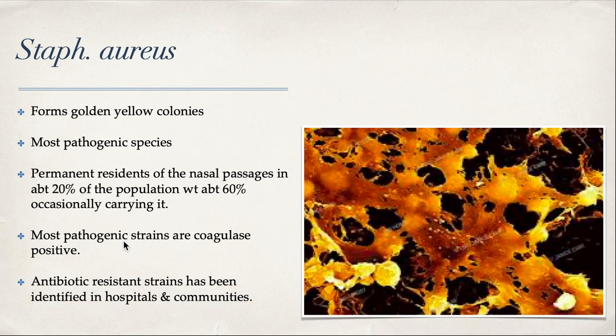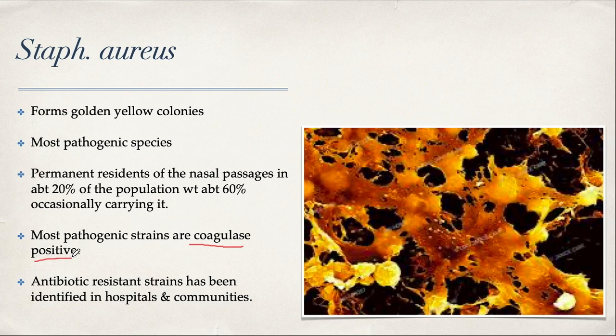So you may find them on the skin, and a lot of them in the nasal passages as well. Not all Staph aureus strains are pathogenic, but the pathogenic strains are generally coagulase positive.